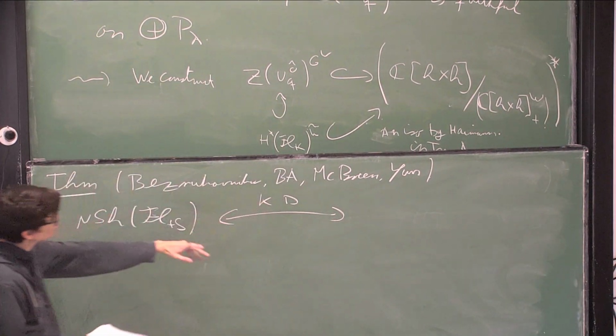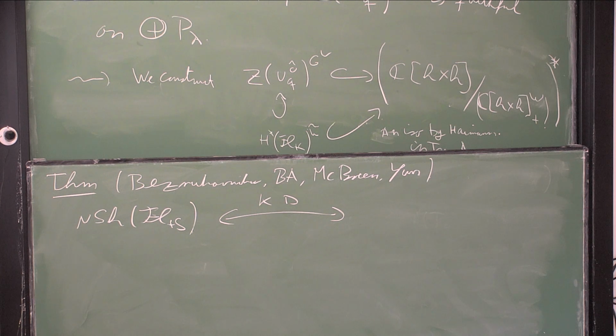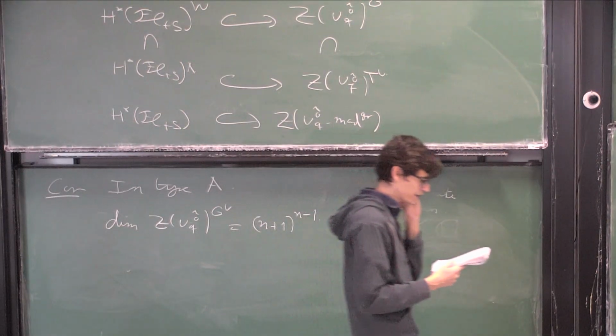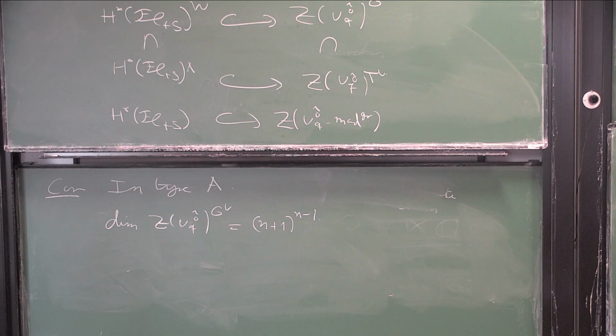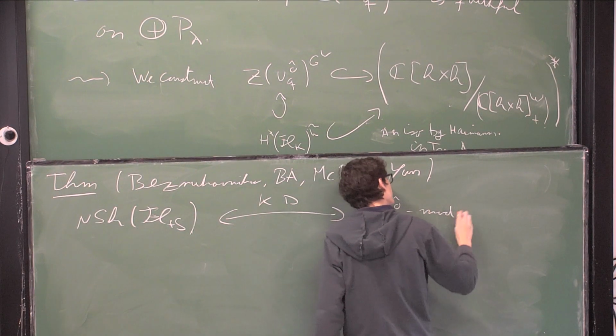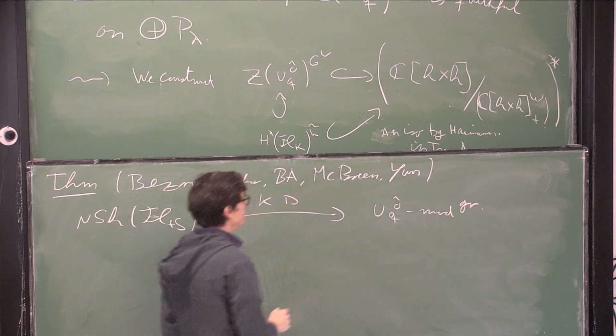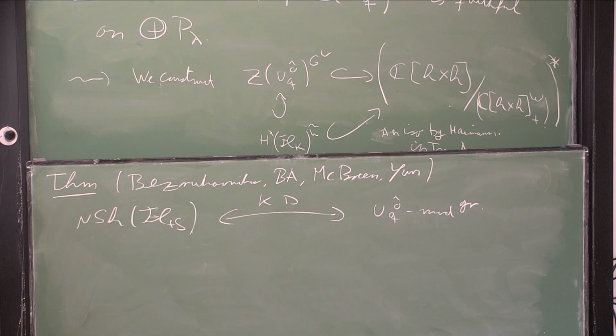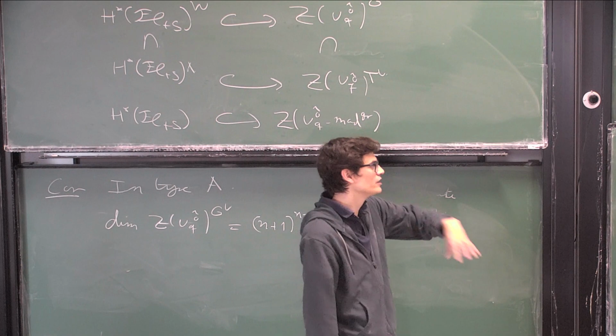Again, this Koszul duality is something that we also saw in Sorgel's talk, and we're going to see more in future talks. But it's Koszul dual to this graded small quantum group representation.